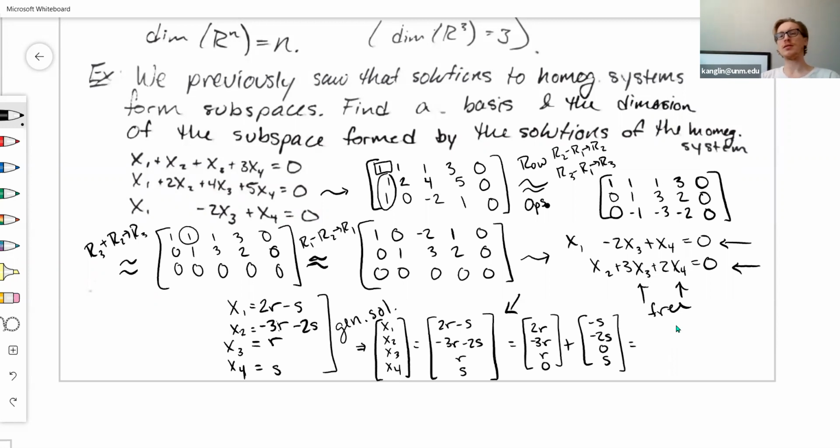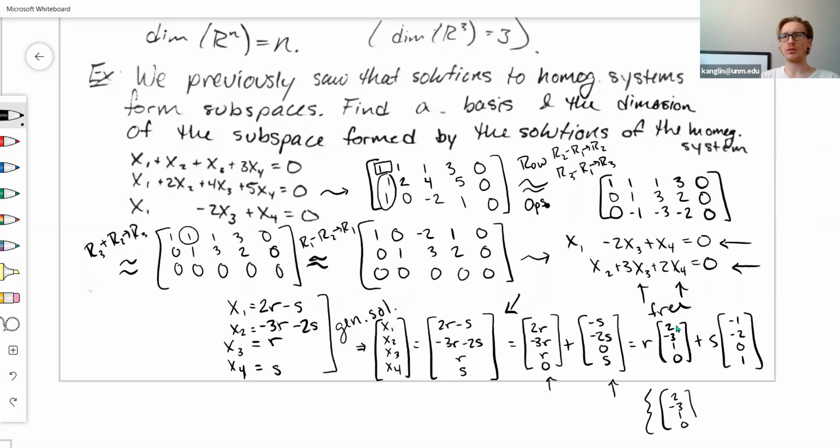And now finally, since everything in this vector has an r, I can factor r out of that. I say factor, I can undo the scalar multiplication by r. And the same in the next vector, pull out the s. And so there we have it. We have found a set of vectors, writing that set out.